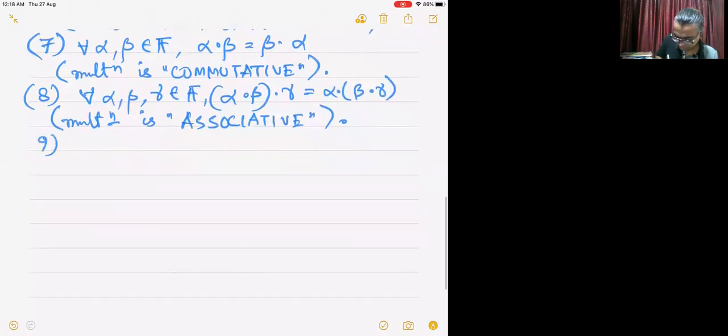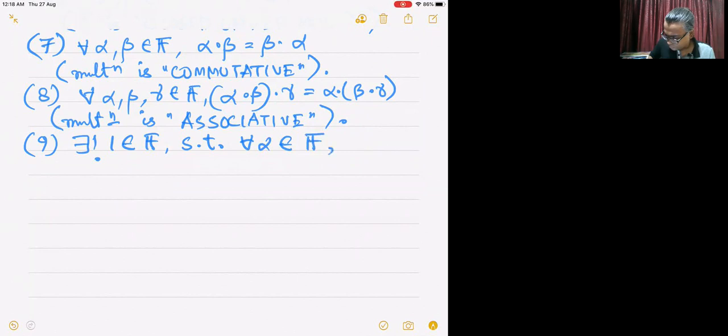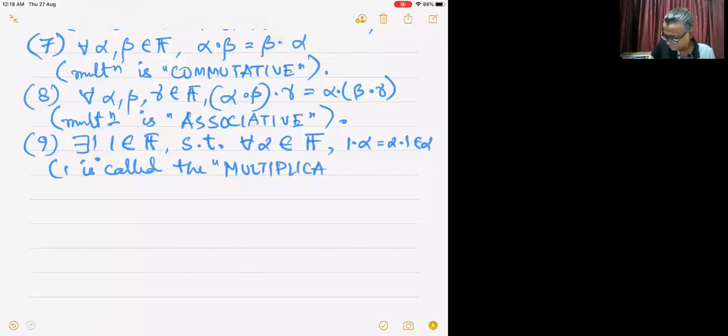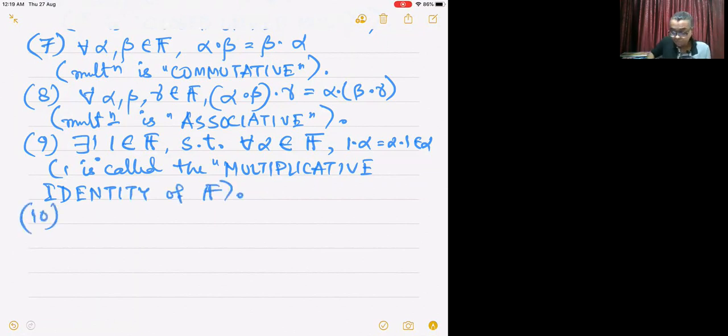Number 9, there exists a unique 1 in F such that for all alpha in F, 1 times alpha equals alpha times 1 equals alpha. 1 is called the multiplicative identity of the field F. And finally, I'm sorry, there is one more.